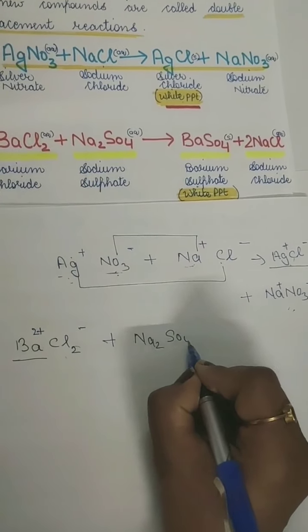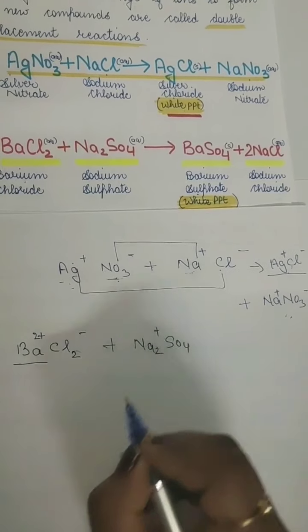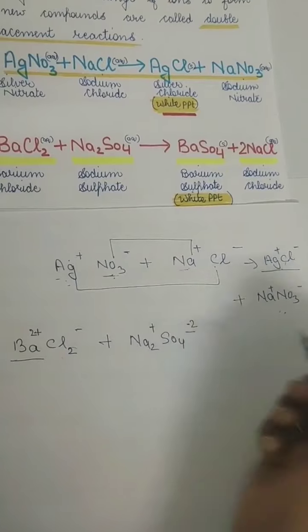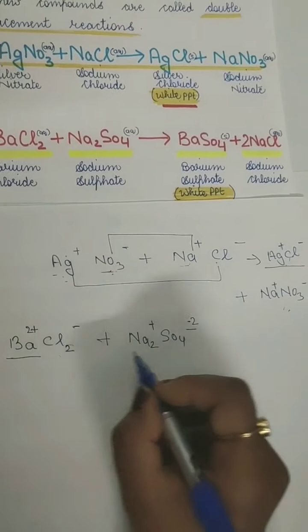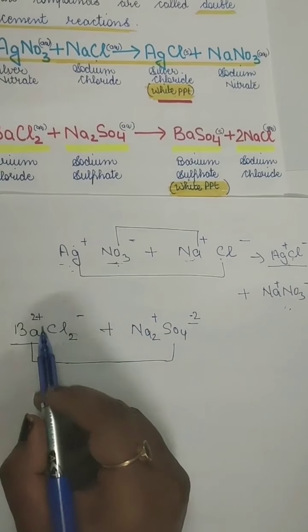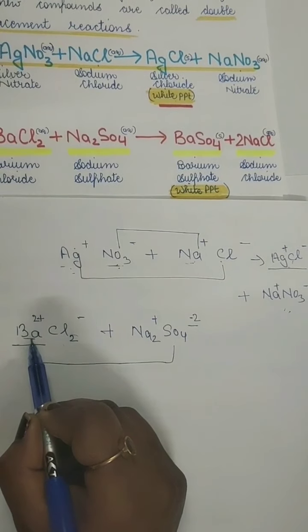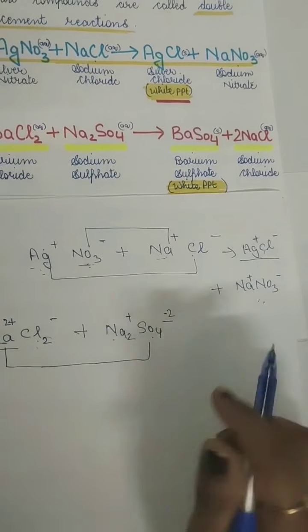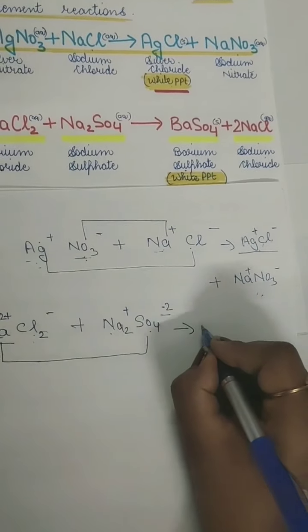That means Na has valency plus 1 and SO4 has valency of minus 2, or 2 minus. So when we mix them, barium will combine with SO4 because it is a positive ion, it will combine with a negative ion, and chlorine will combine with the sodium ion.